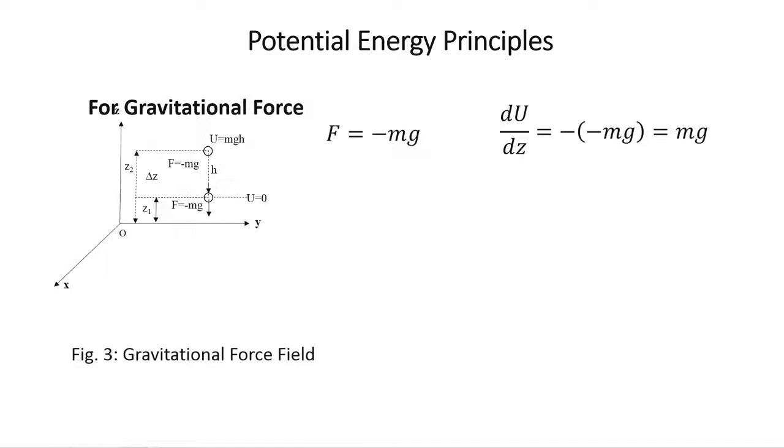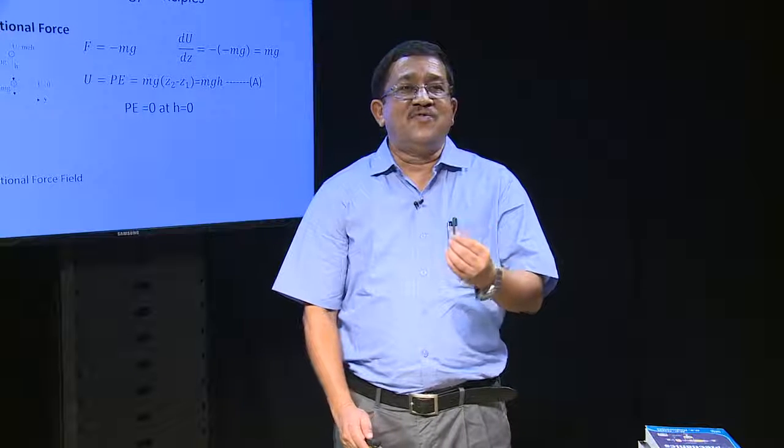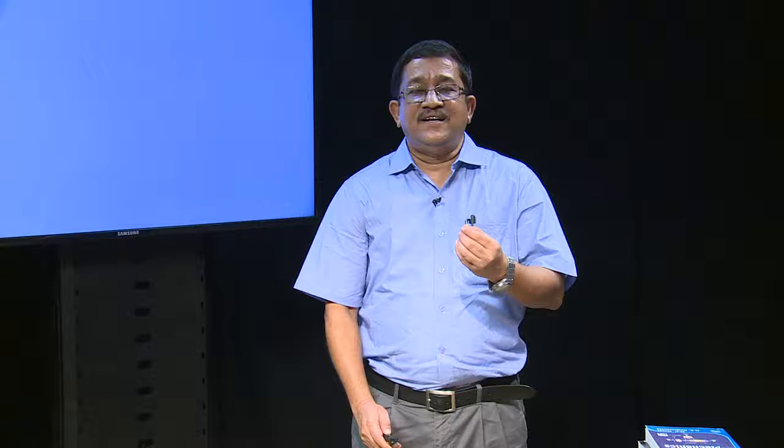Now, dU/dz is nothing but mg. So the potential energy is nothing but mgh, where potential energy is 0 at h equal to 0. This is a very wonderful concept related to the gravitational force field.